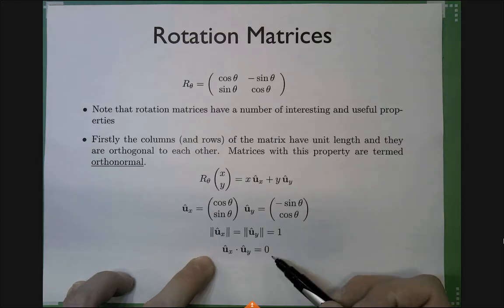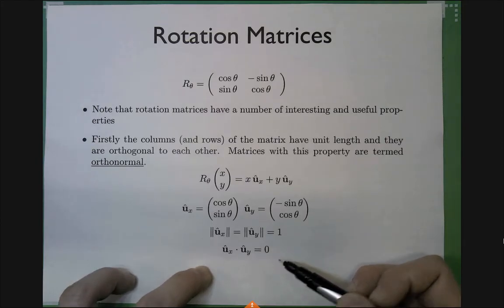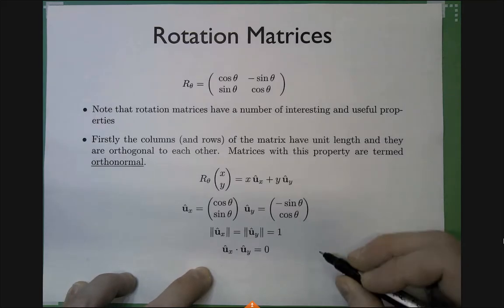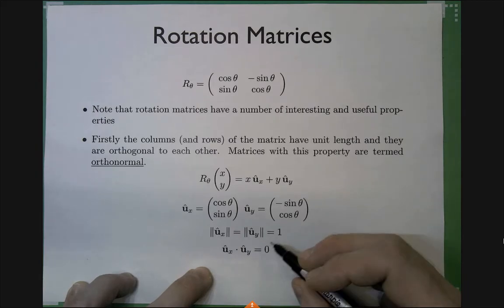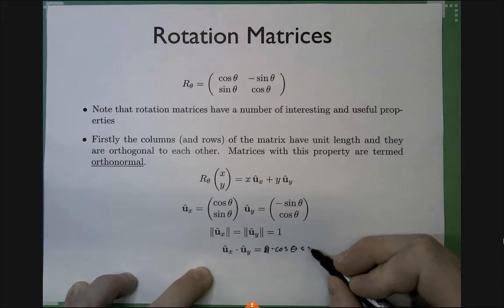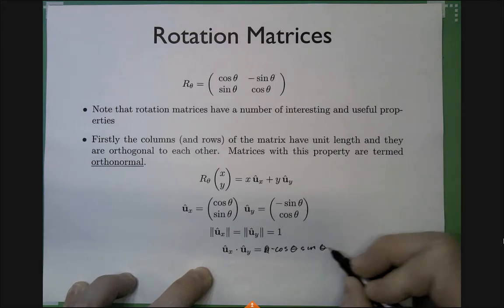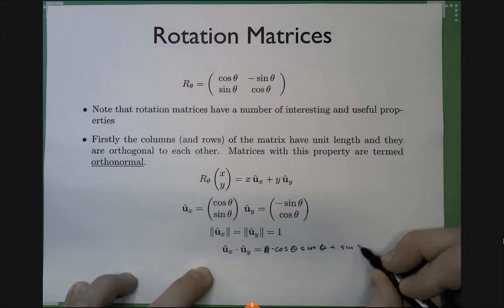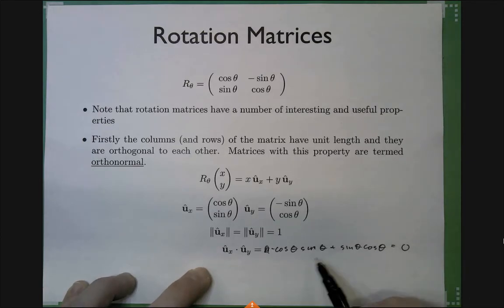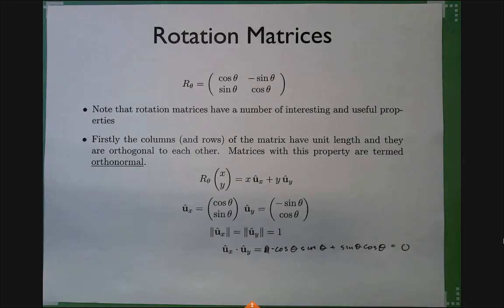If I do the dot product, now we have to remember how dot product is defined. So the dot product will be cosine theta times minus sine theta plus sine theta times cosine theta, which is obviously 0, right? Because this is minus the first thing. And we know that dot product equals 0 means that the two vectors are orthogonal.